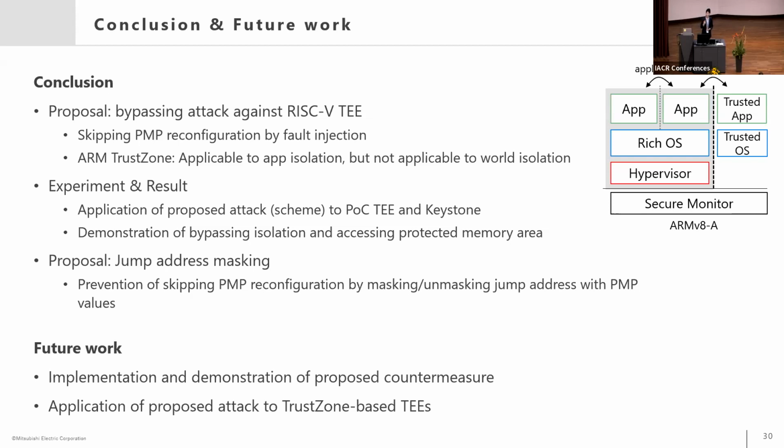Our experimental results showed that our attack is feasible and general, using two kinds of TEE implementation. And we also propose the jump address masking, which prevents our attack completely.